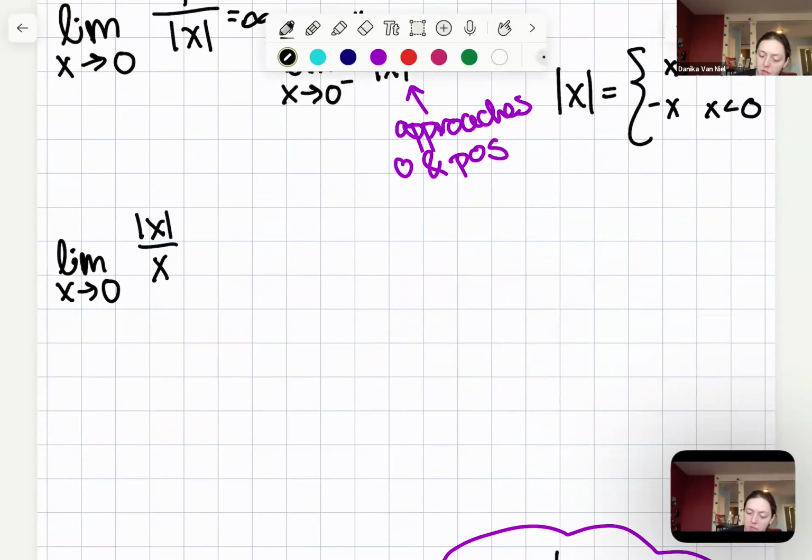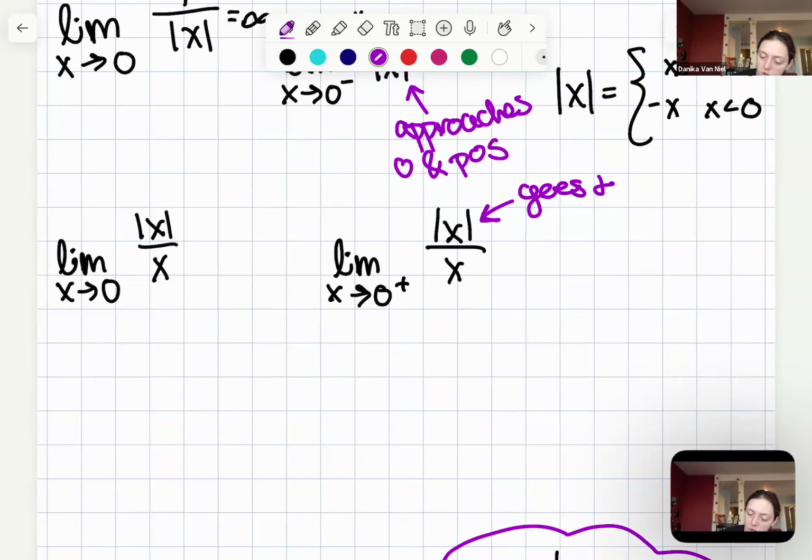Okay. So, limit, but either way, we have to do the right and left limit. If you're not able to figure out what a limit is, you have to do the right and left limit. Okay, so the right limit. My approach would be to say x goes to 0 and positive, because it's always positive, right? Goes to 0 and positive.